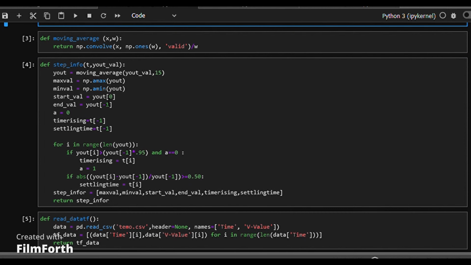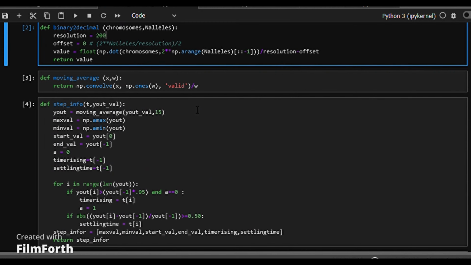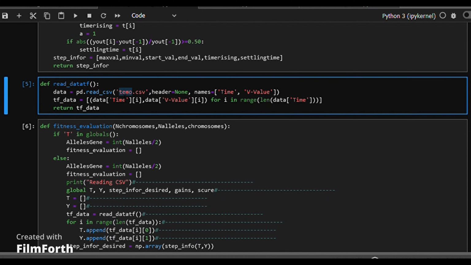After the step info, which is like the reference, or the part that the program tries to follow. After this, we read the data of the transfer function, the database. In this case, my database is called demo.